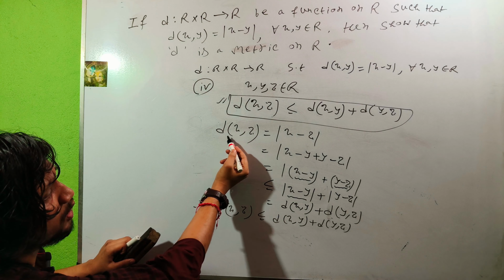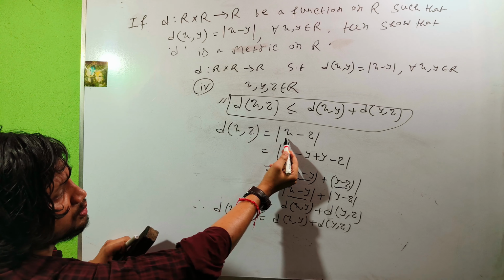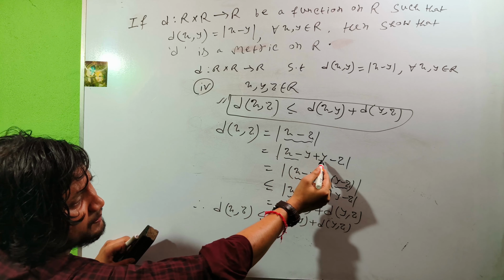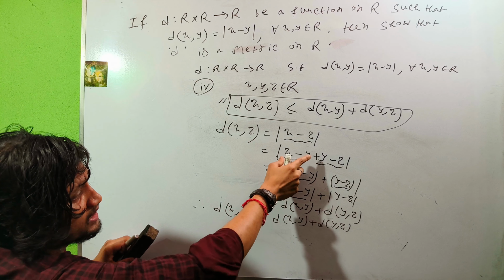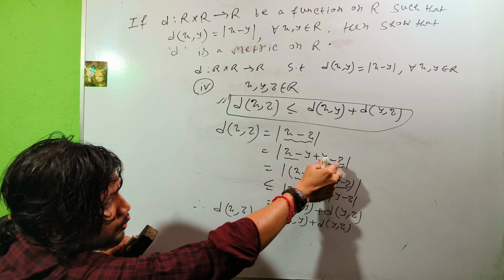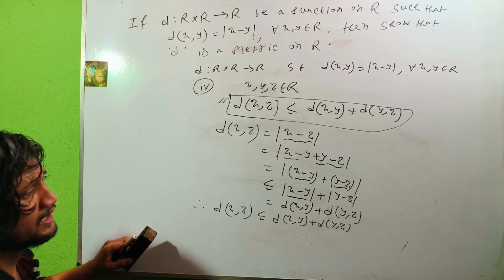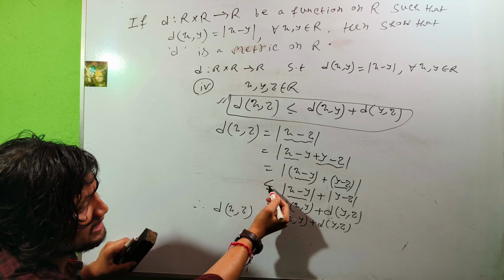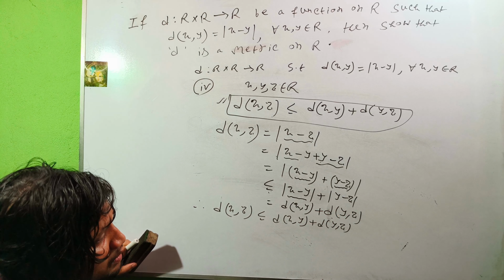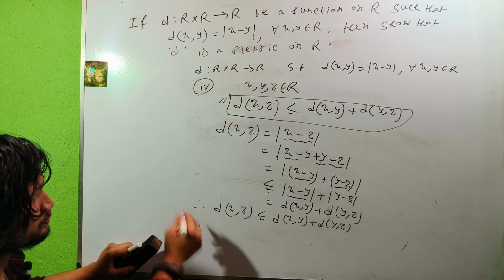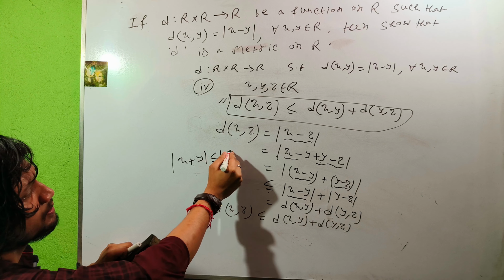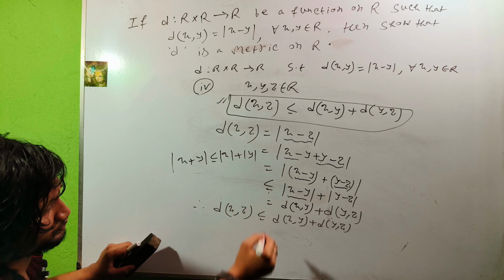What I have done: d of x comma z is equal to mod of x minus z, which can also be written as mod of x minus y plus y minus z, which can be broken as mod of x minus y taken together and y minus z taken together on the other side, which is less than or equal to mod of x minus y plus mod of y minus z by the familiar property that mod of x plus y is less than or equal to mod x plus mod y.